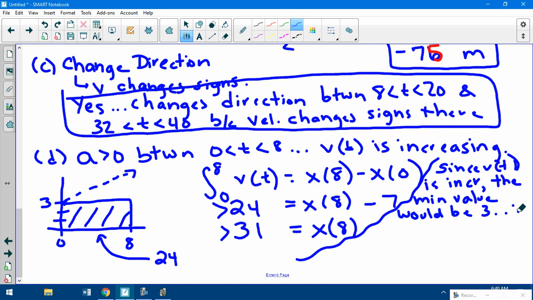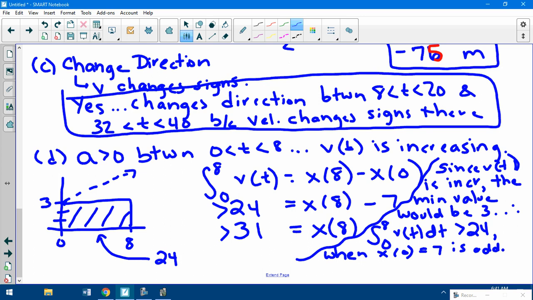Therefore, the integral from 0 to 8 of v of t dt is going to be greater than 24. When t is 0, the position is 7. When that is added, we get that x of 8 has to be greater than 31, but what we're just trying to prove is greater than 30.